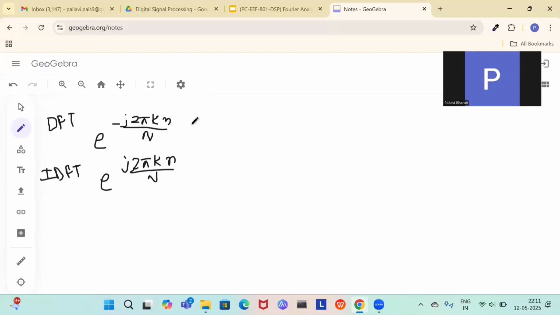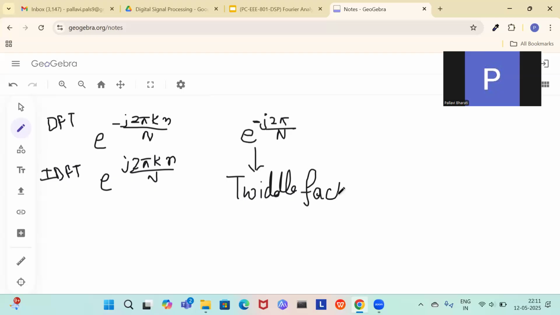Now here what you have to understand is e to the power minus j 2 pi by N. This has been given a special name, which is called the twiddle factor. Now, this twiddle factor has two properties.